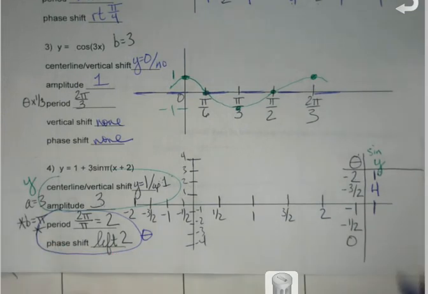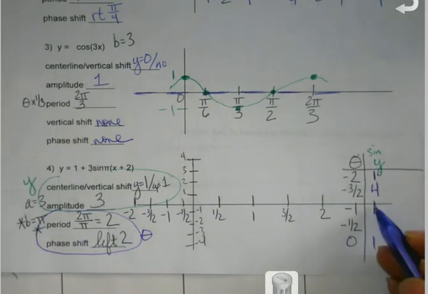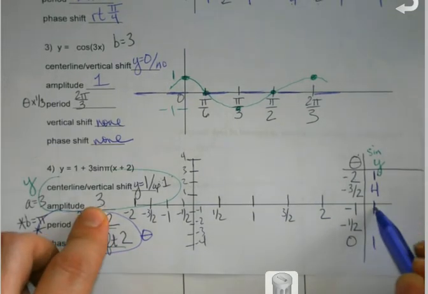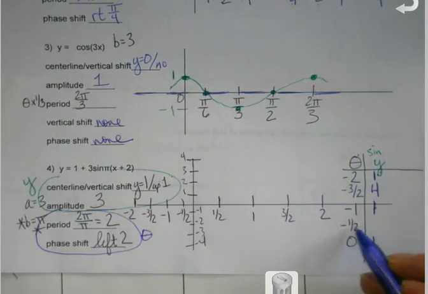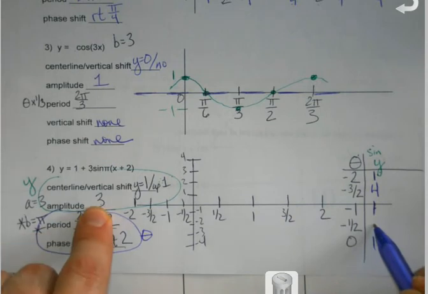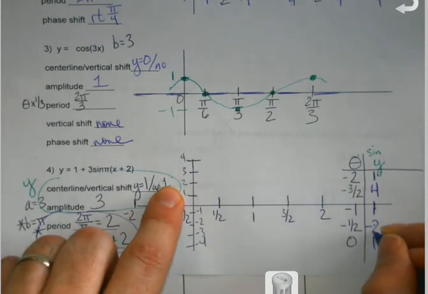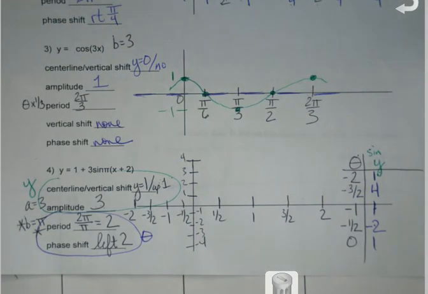Any place that there normally was going to be a 0 before, 0 times 3 is still 0. Plus 1 is 1. And normally when I get to that fourth value, it's at -1. Times 3 is -3. Up 1 puts me at -2.